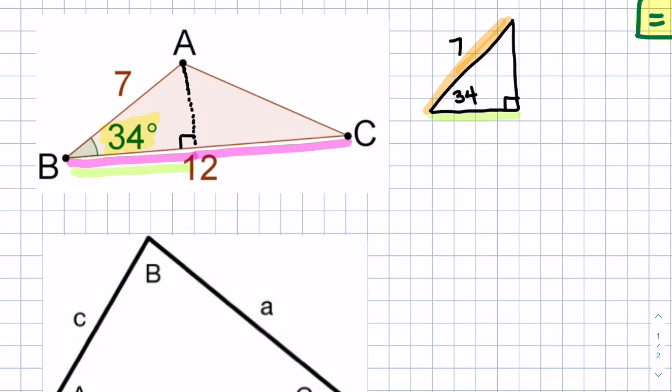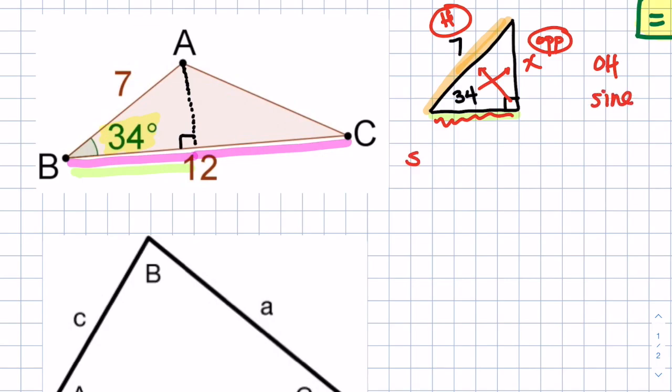And I know that because this is the right angle, this would be my hypotenuse. So this is hypotenuse. And I want this over here, right? The height of the triangle. Okay, so that would be my opposite. So if I have opposite and hypotenuse, I'm not using adjacent because I don't know the specific length, then OH would give me sine.